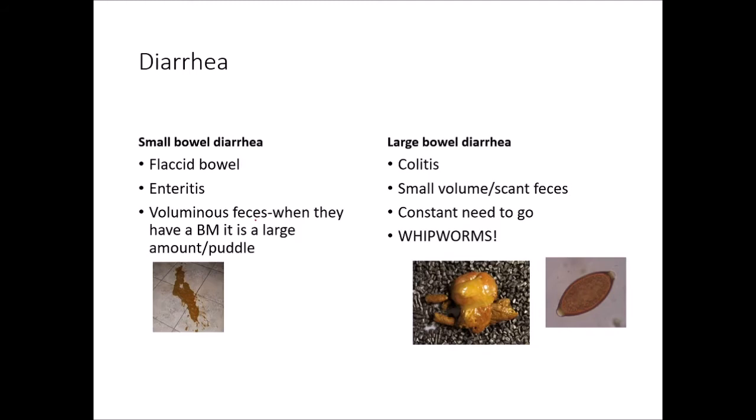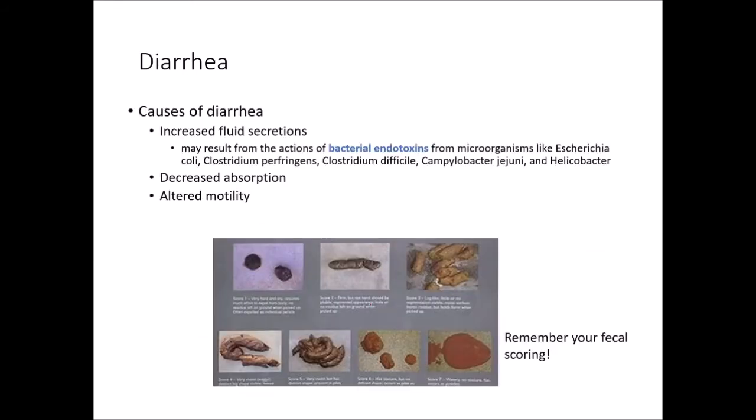With diarrhea, any type of diarrhea, what we're seeing are increased fluid secretions, and this can result from the actions of bacterial endotoxins from microorganisms like E. coli, Clostridium perfringens, Clostridium difficile, Campylobacter jejuni, and Helicobacter. So increased fluid secretions or decreased absorption of fluid because we have an inflamed intestinal tract.